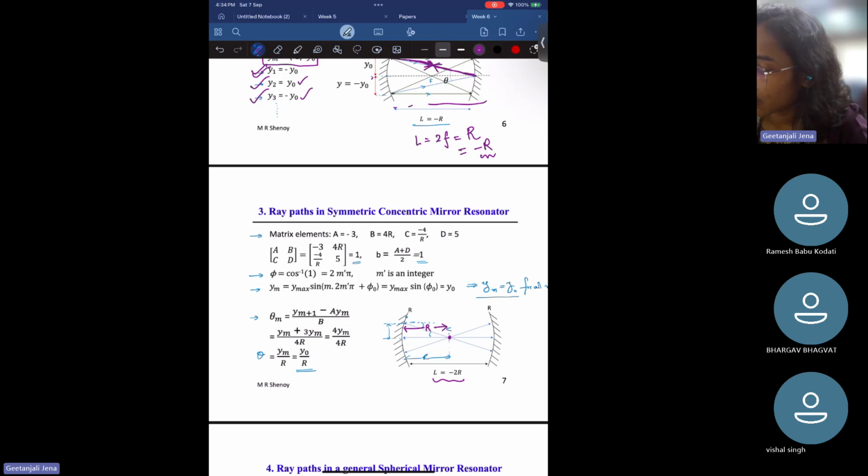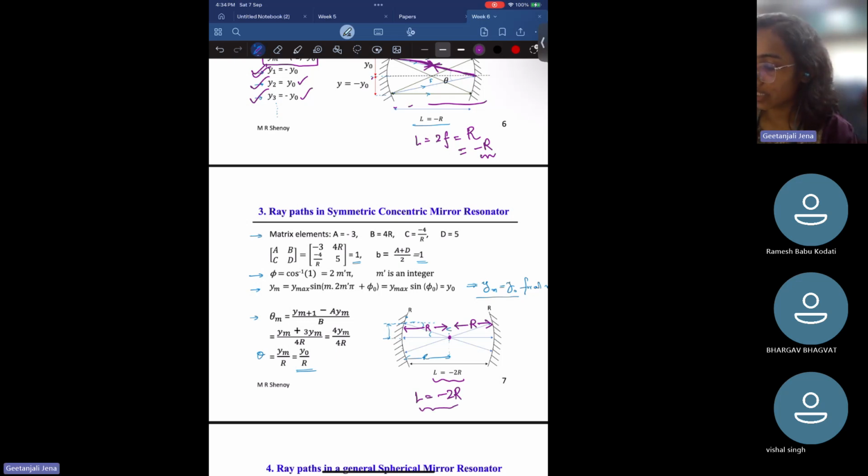So this distance is R and this distance is also R. And so this means L equal to minus 2R for concave mirror. Okay. So we got the value of L.